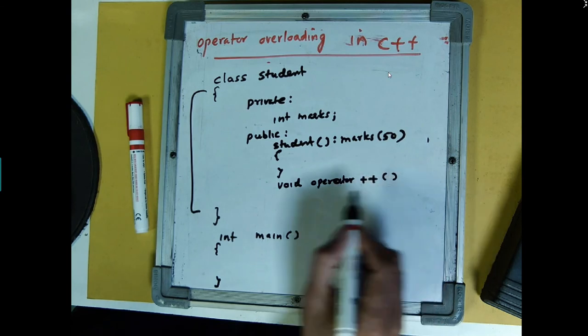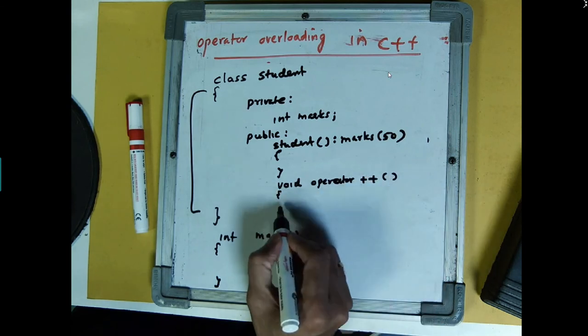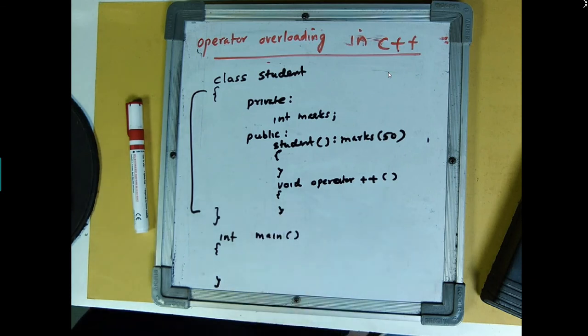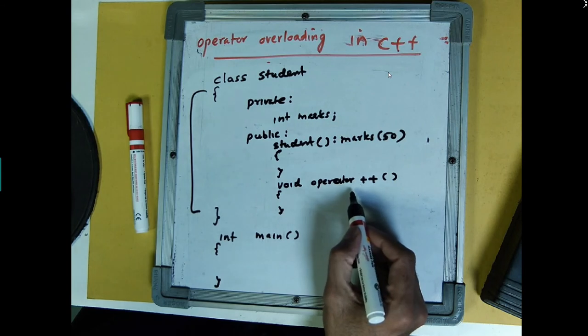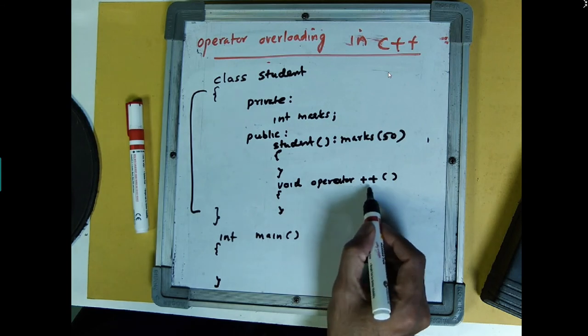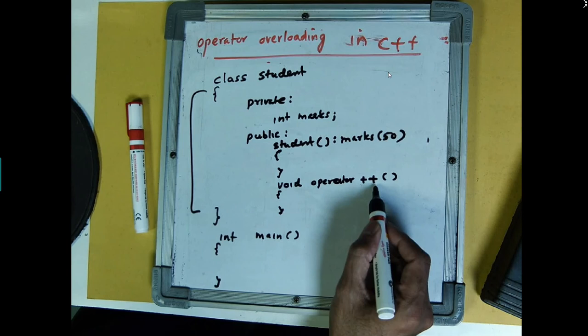Then I am writing a function like this, and this is what I am now going to explain, so-called operator overloading. What does it mean?